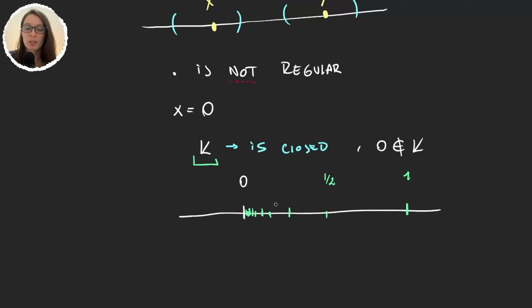So if we want to find an open set that contains K, yes, I could take a countable union of open intervals that contain each element, and then for 0 I could think about an interval minus K. But these will all be formed by open intervals like this. And so the intersection of the neighborhood I chose for 0, any open set minus K, and these intervals has to be non-empty for some of these elements very close to 0. And that is why it's not regular.